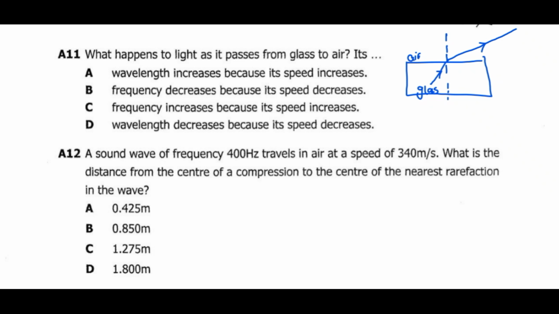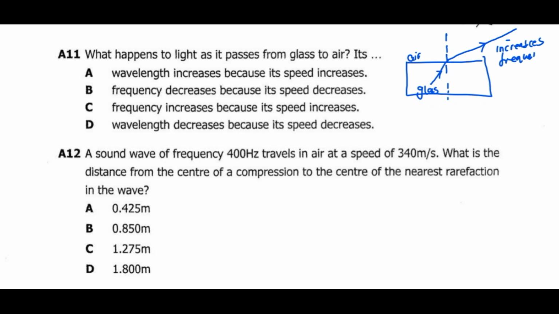Then what happens to the speed? We know that the refractive index of glass is greater than that of air, so light travels at a slower speed in glass compared to air. Whenever light moves from glass into air, the speed will increase. Now if the speed increases, what happens to the frequency?